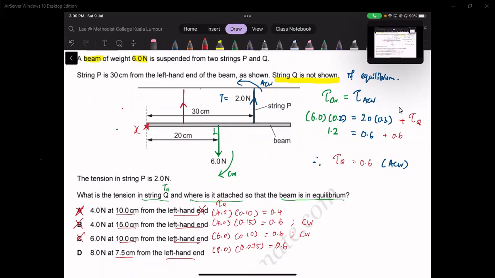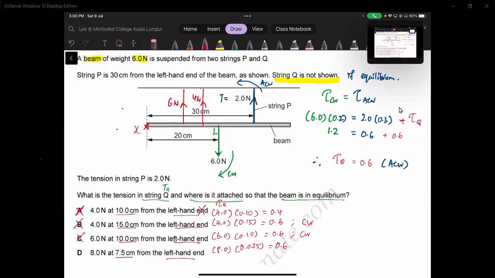Okay, let me label the forces. You have this, which is midway, 6 Newton here, or 8 Newton here, or 4 Newton here. Oh yeah, because 8 Newton is at the furthest, it feels like it can pull better.